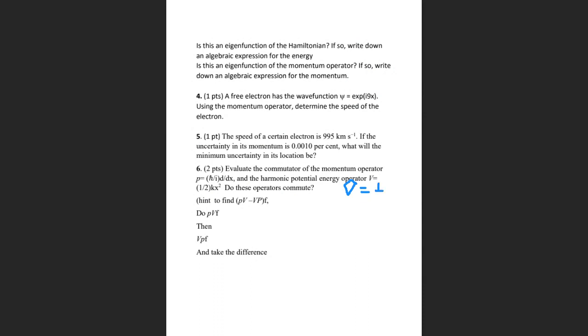All you need to know for problem 6, this operator is going to show up in the harmonic oscillator model. And well, you don't even need to know that. You just need to know the form of this operator V and the form of the operator P.